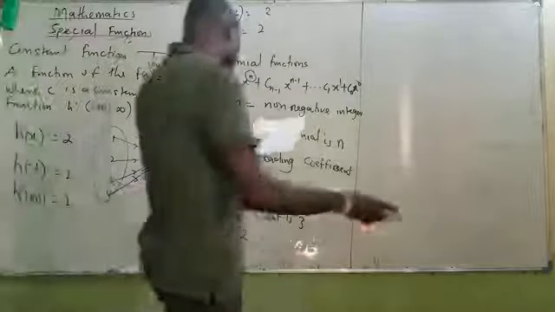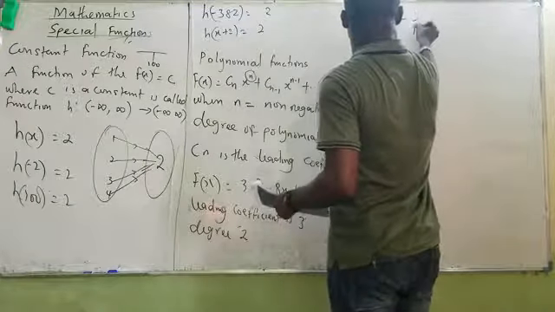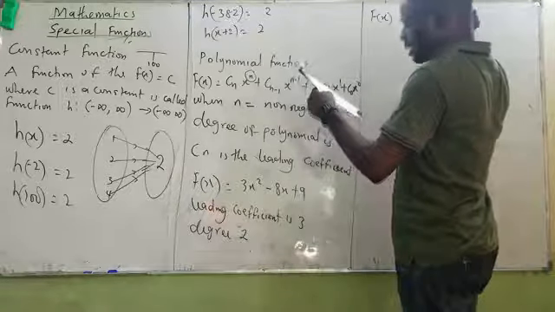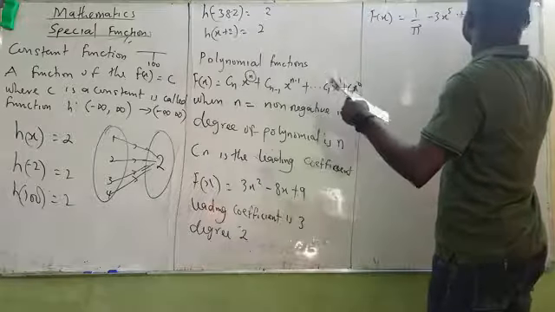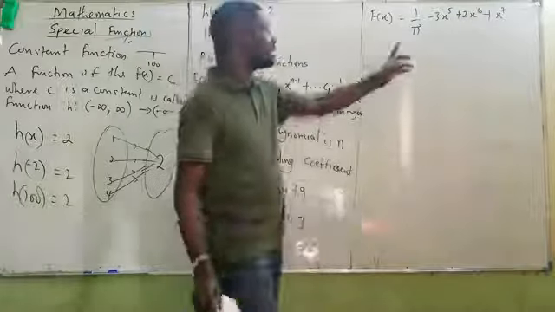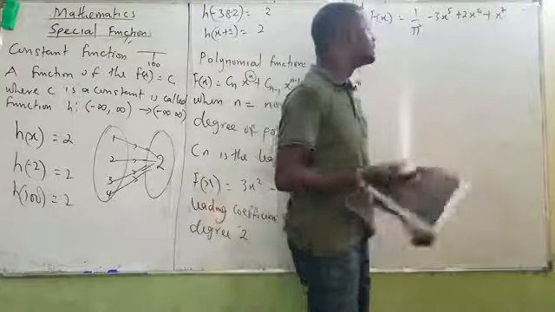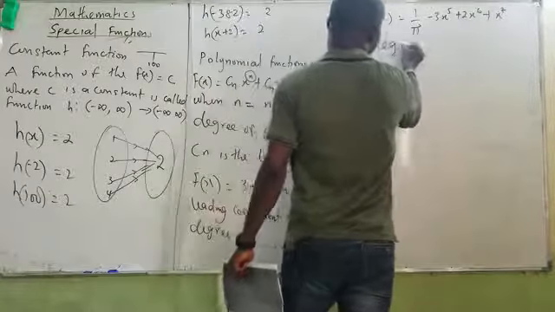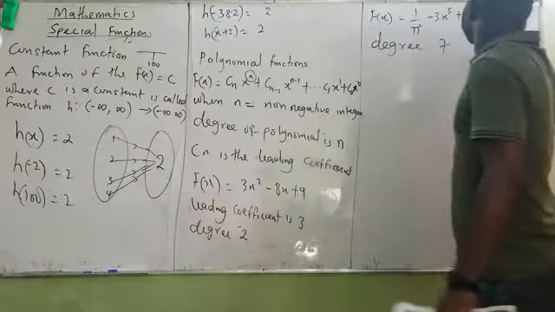And for instance, if the function is f of x equals 1 all over pi minus 3x squared plus 2x cubed plus x raised to power 7. Now listen to me. This time around, it's not in the proper arrangement. The degree is 7, because this is the highest degree.